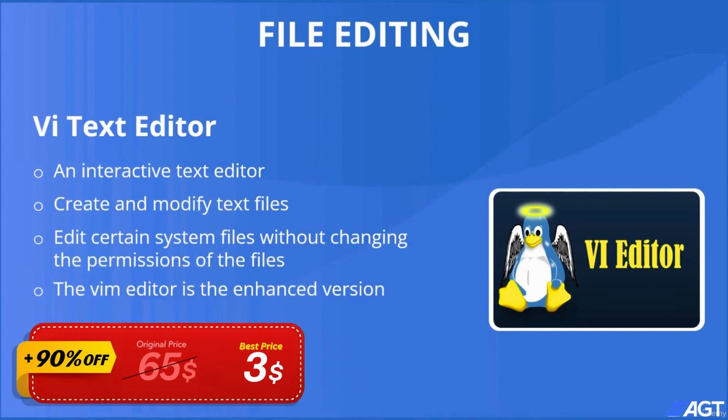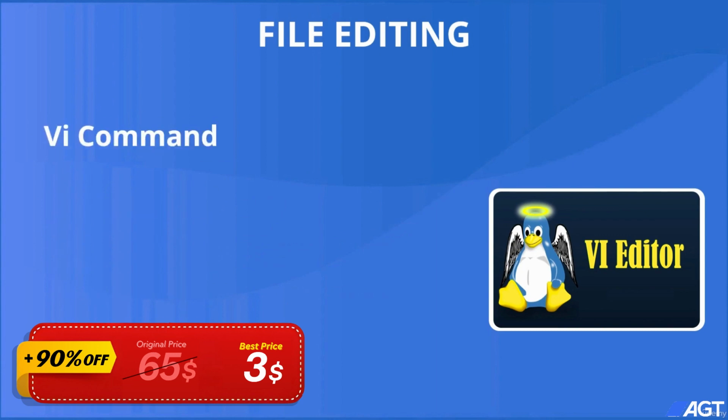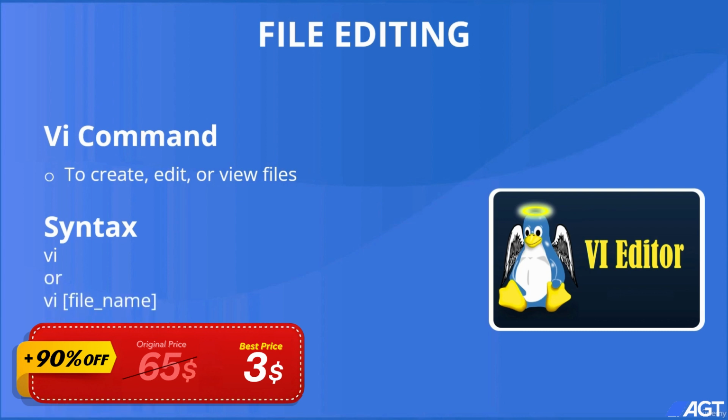We're going to use the VI command to create, edit, or view files. The syntax of the VI command goes like this: vi, so this command runs the editor, or vi filename. If the file named filename exists, the first page of the file will be displayed. Now, if the file does not exist, an empty file and screen will be created in which you can enter text.